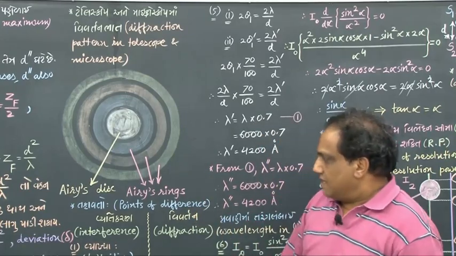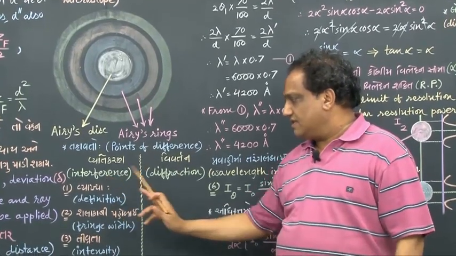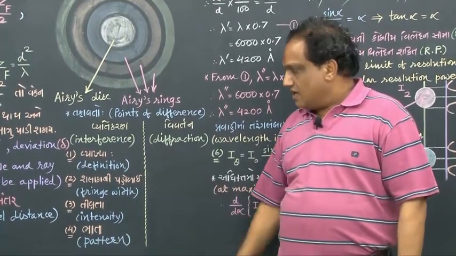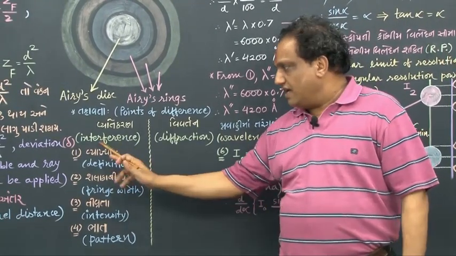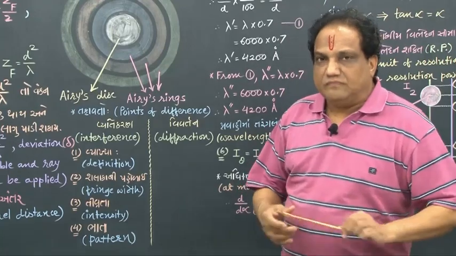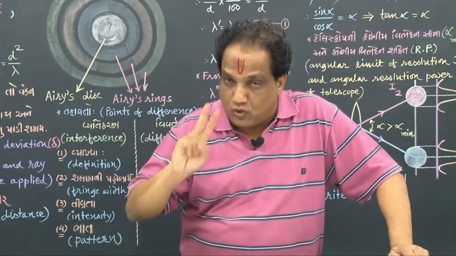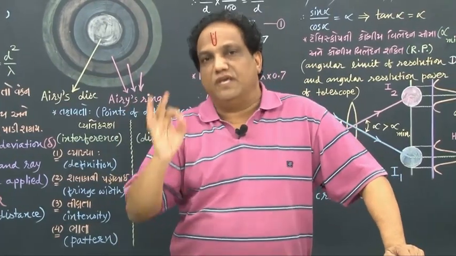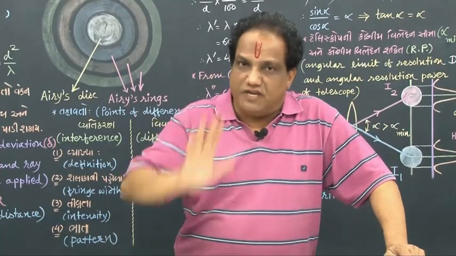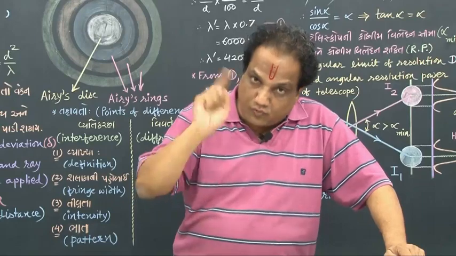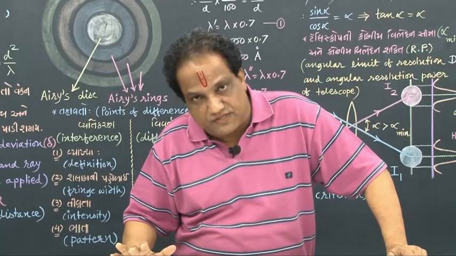Okay. Now let us see some very good points of difference between interference and diffraction. First point regarding definition. What is called an interference? Physical effect arising due to superposition of two or more than two waves is called an interference.